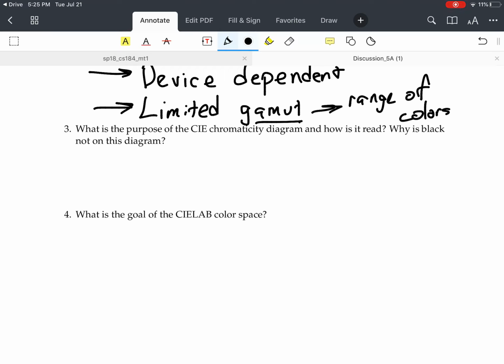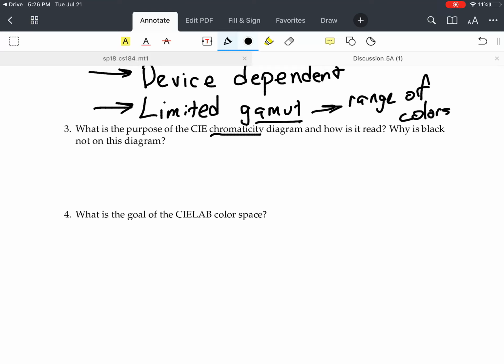Basically, this diagram is purely a chromaticity diagram. This word is the key. Chromaticity is the quality of a color.